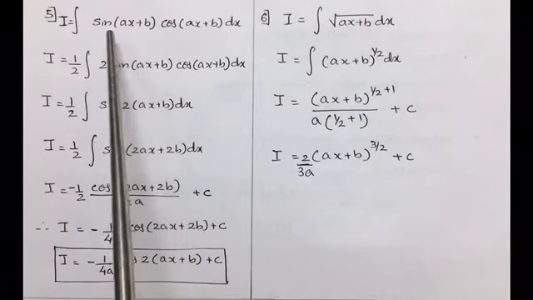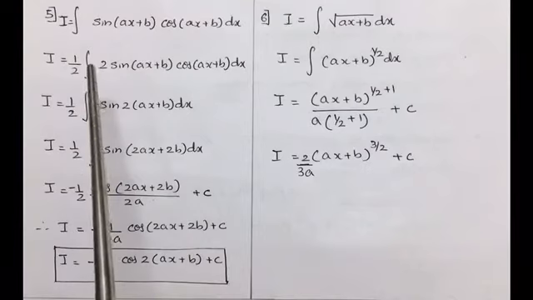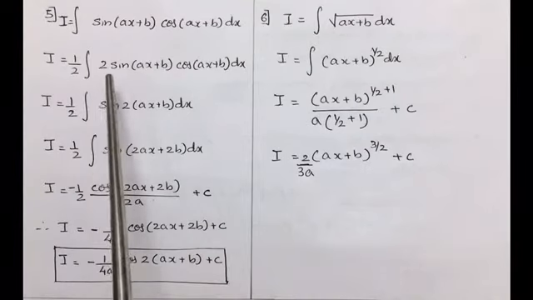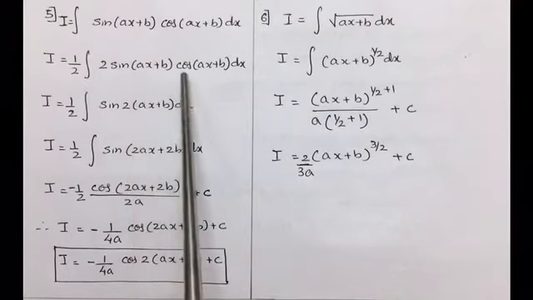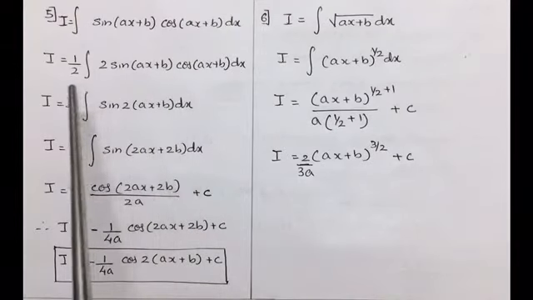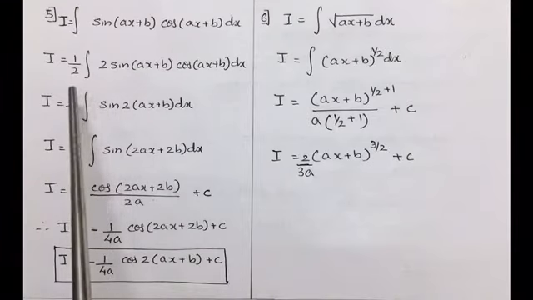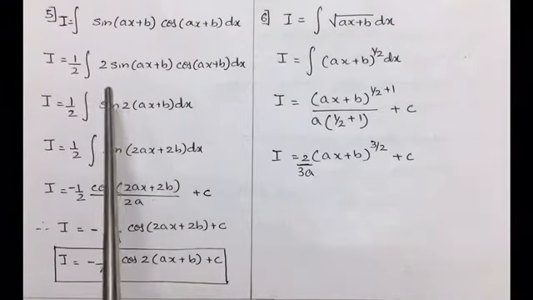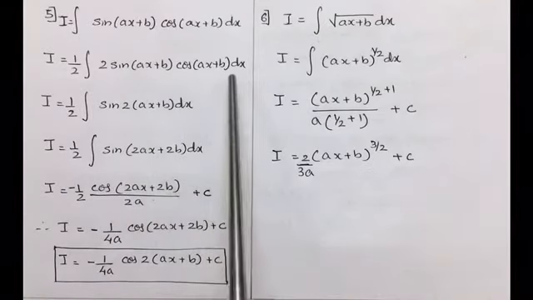So for that we multiply and divide by 2 so that we can make use of the formula of 2 sin x cos x. Multiplying and dividing by 2 we get 1 upon 2 integration 2 sin ax plus b cos ax plus b dx.